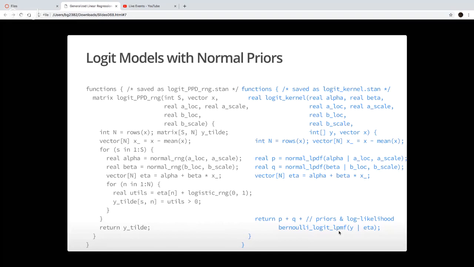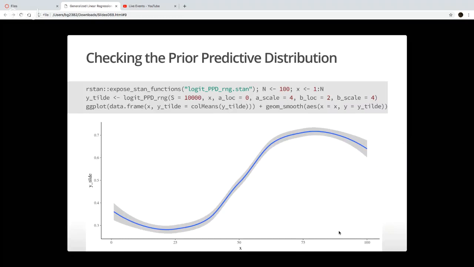Stan doesn't mess around with numerical integration or anything like that, but equivalently draws from the implied posterior distribution, so you get draws of alpha and beta and any other parameters conditional on the data. So that's that.